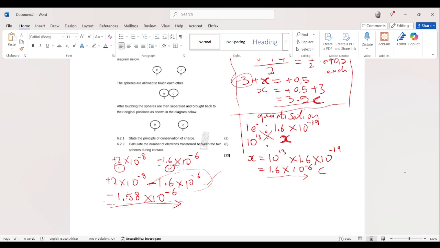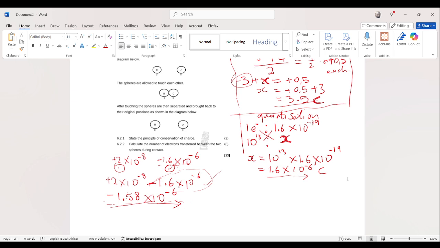The principle of conservation of charge. When a negative reacts with a positive, they attract. When a positive reacts with a negative, they attract.